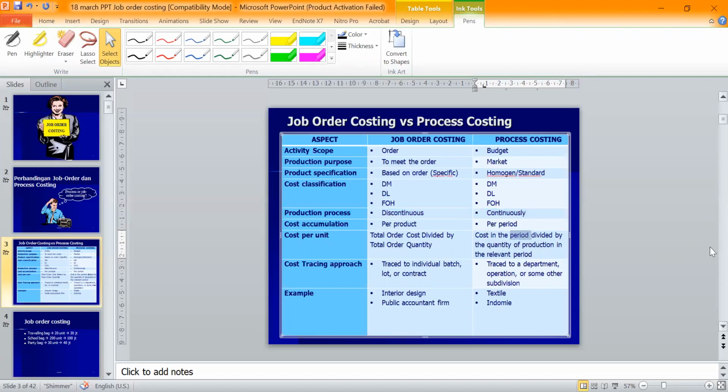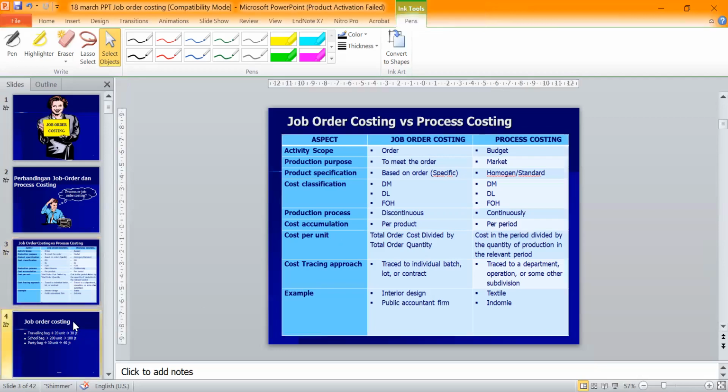So how do we determine the total unit that has been produced? That's really a tricky issue here in the process costing. We cannot determine exactly how many units have already been produced in each department for each period.